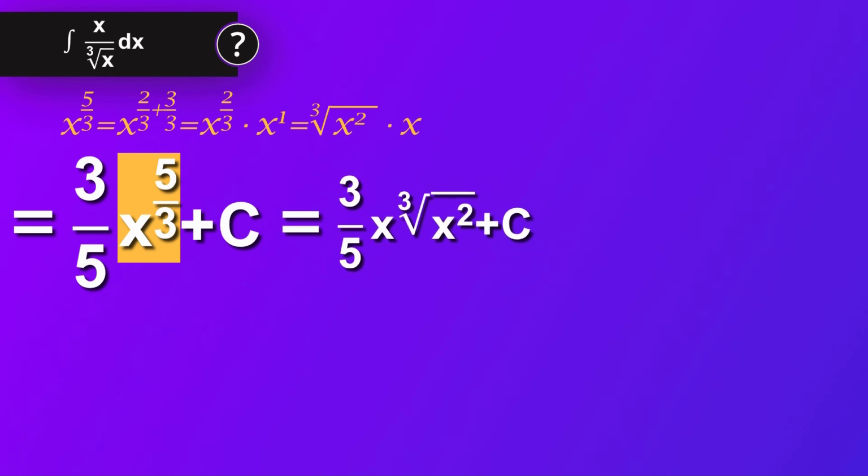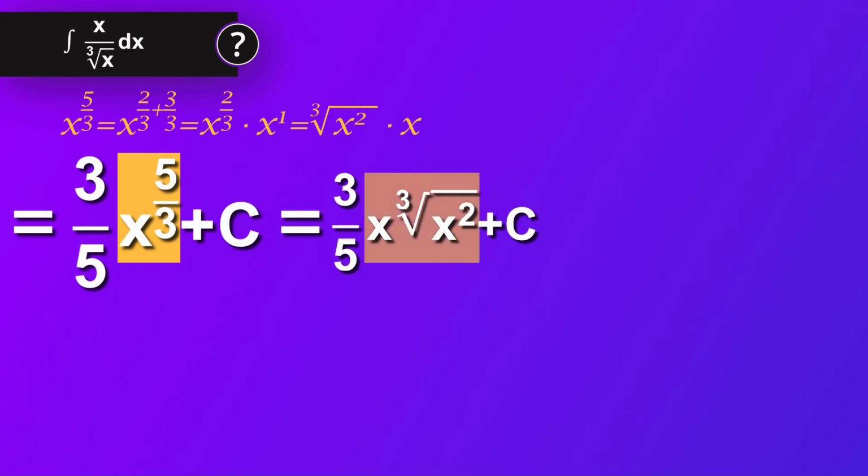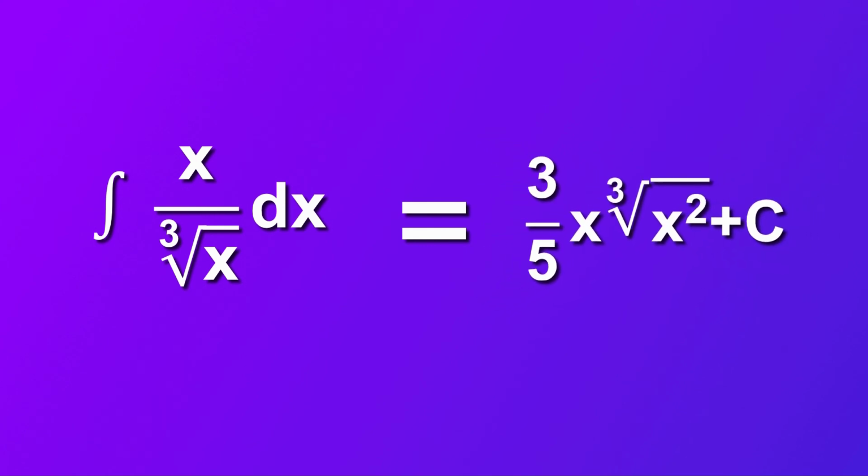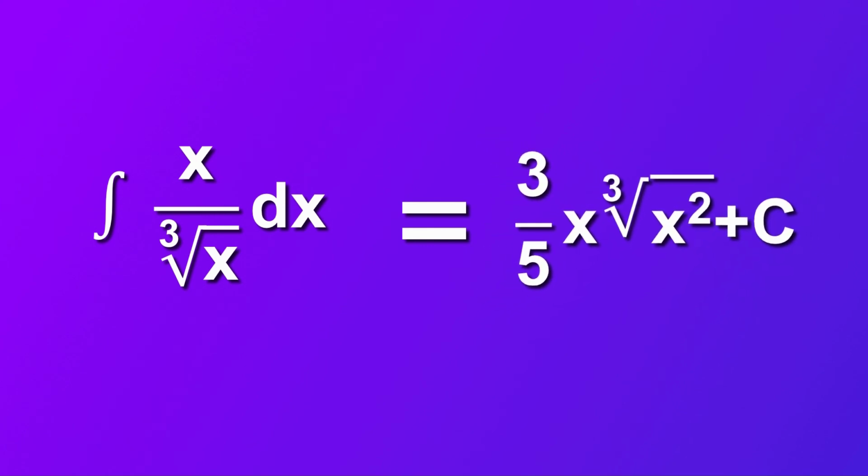In that way, we have the result of our integration as 3/5 multiplied by x, cube root of x squared plus constant c. Finally, we know that the indefinite integral of x divided by the cube root of x, dx is equal to 3/5 multiplied by x, cube root of x squared plus constant c.